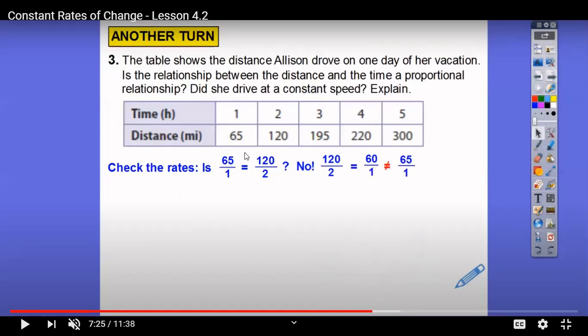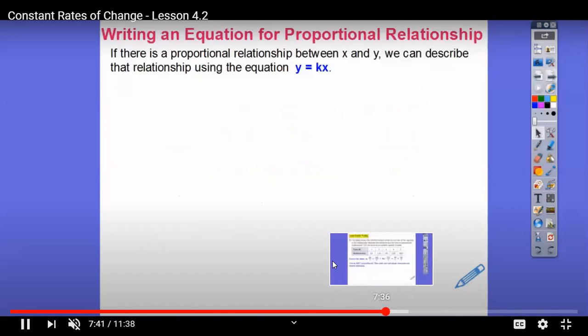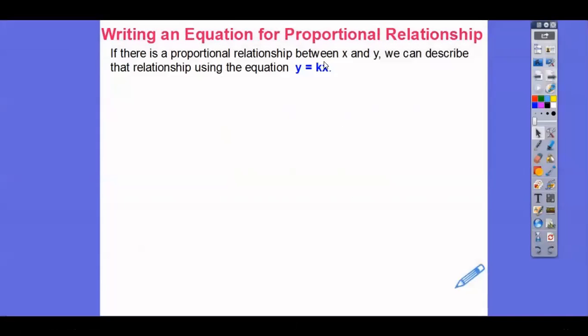For sure not. 120 over 2 equals 60, and 60 does not equal 65 over 1. So in this case, we say that this relation is not proportional.